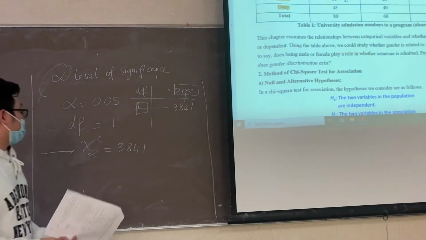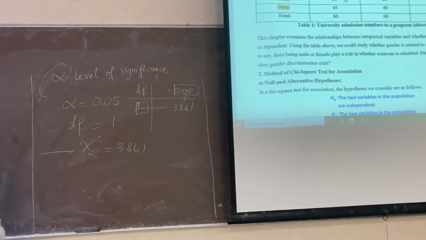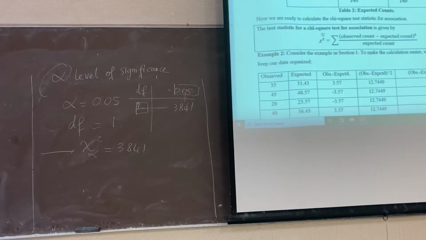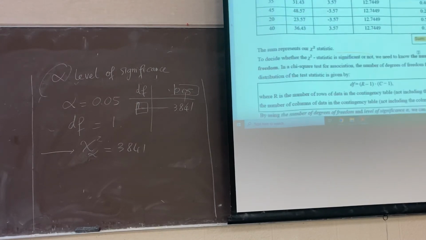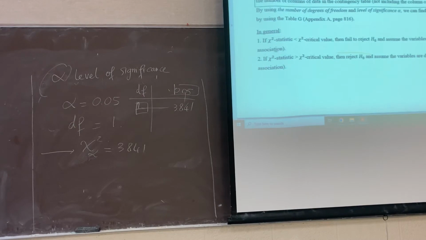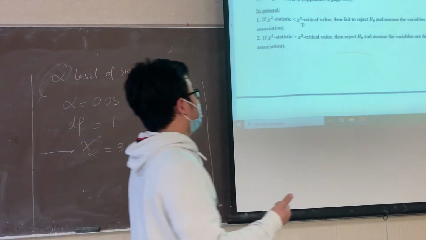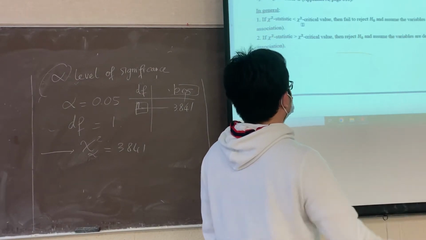Now that we have found the critical value, we compare it with the chi-square test statistic we found before, which is 1.5584. We have two conclusions. If the chi-square statistic is less than the chi-square critical value, then we fail to reject the null hypothesis.